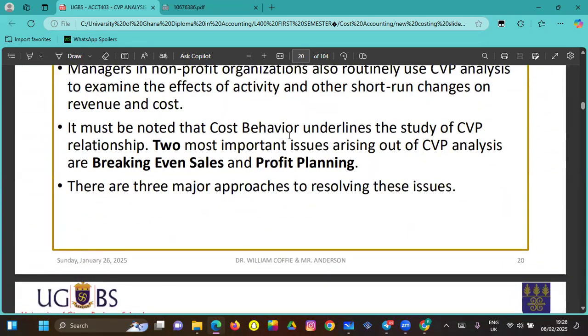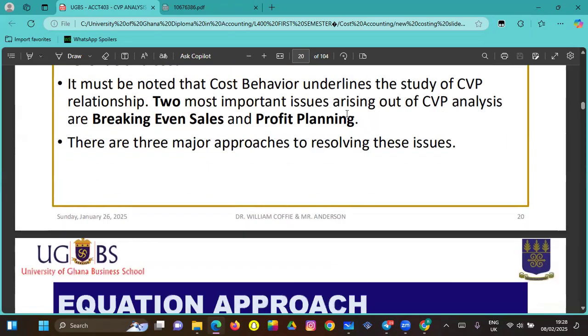It must be noted that cost behavior underlies the study of CVP relationship. Two most important issues arising out of CVP analysis are break-even sales and profit planning. So that's the profit plan that we just did, right? The profit target. And then the break-even is when profit is zero.